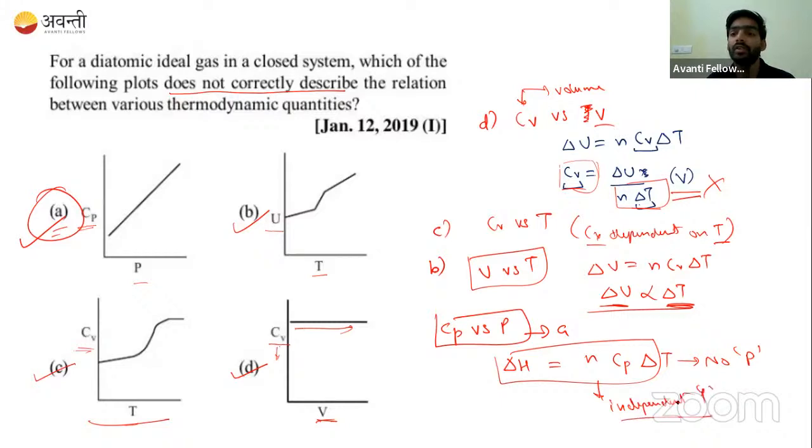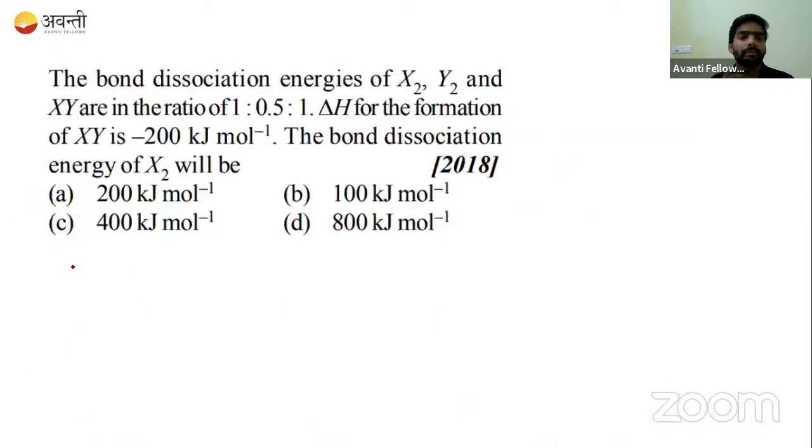That means CP should not change with respect to the pressure. We should get a straight graph instead of an increasing graph. That is why, as it is asking for the incorrect one, option A is the answer.